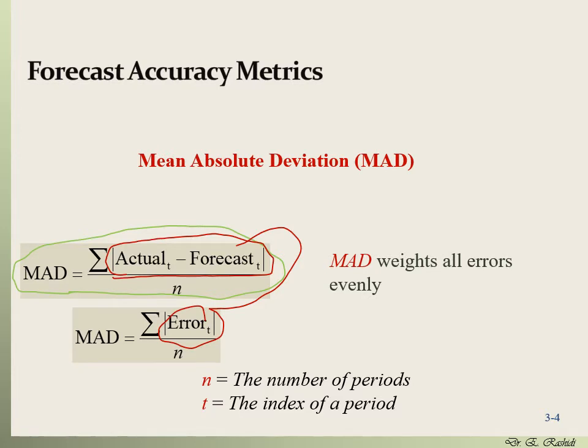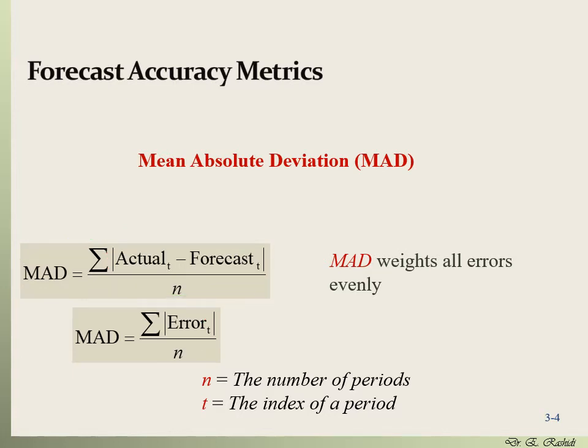N here is the number of periods, and t is the index of the period that the error is related to. What MAD does is weight the errors evenly across the periods for which we have made the forecast. So this is a straightforward formula and idea, right? Finding the average absolute value of the errors that we have made.